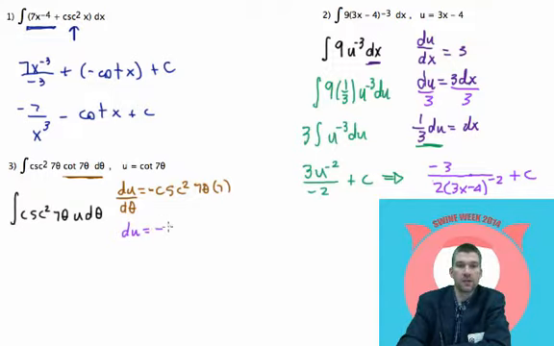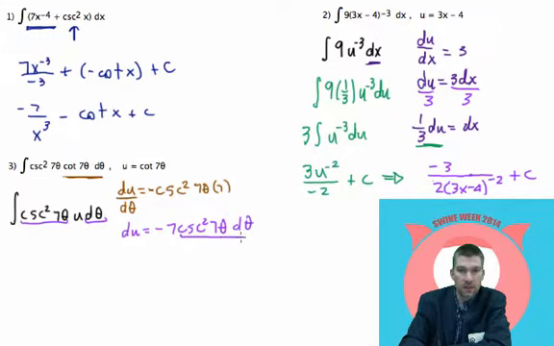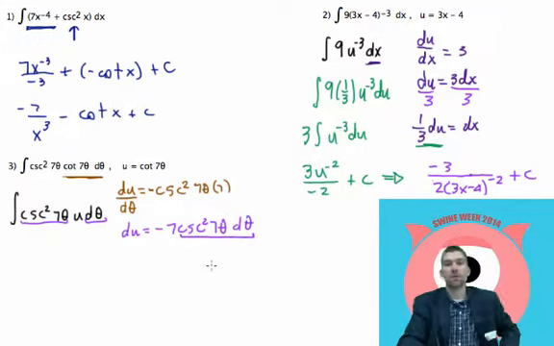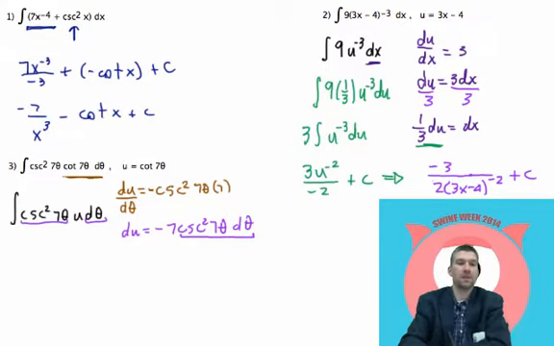So du equals negative 7 cosecant squared 7 theta times d theta. And let me clean this up a little bit so there's no question. All right, so here's cosecant 7 theta d theta. Here's cosecant squared 7 theta d theta. So let's go ahead and divide both sides by negative 7.